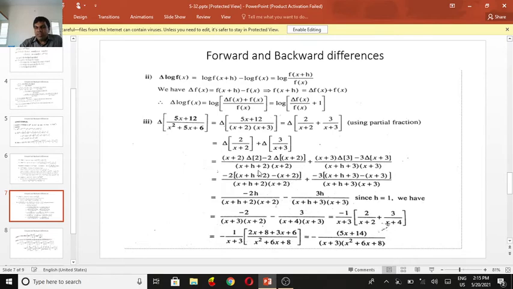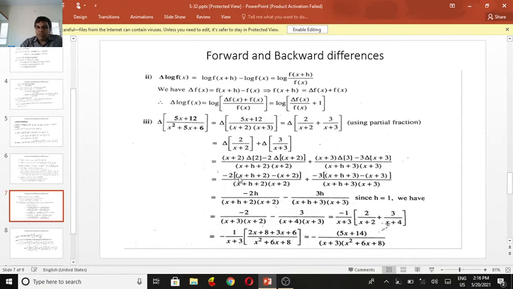You observe here that Δ of 2 is 0, a constant term. We simplify the denominator as it is, (x plus h plus 2) into (x plus 2), and replace Δ of a constant by 0. So applying Δ to x plus 2, we get minus 2. The first term, the product of a constant and Δ of the constant, is 0, minus 2 times Δ of (x plus 2), replacing x by x plus h over the interval.